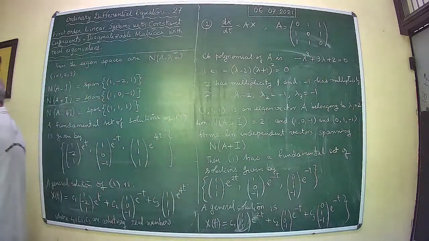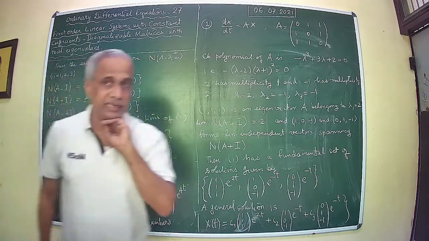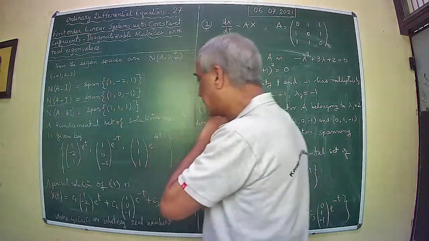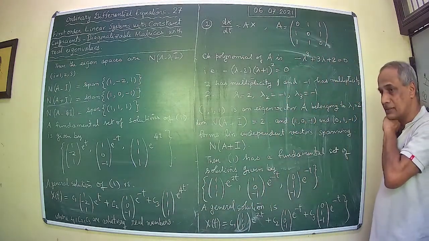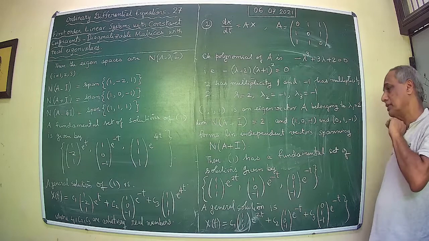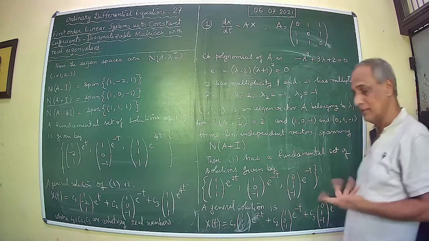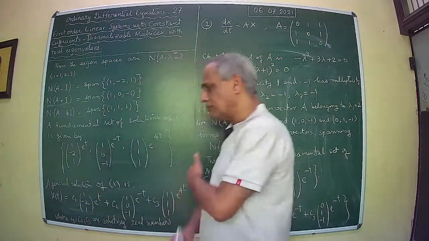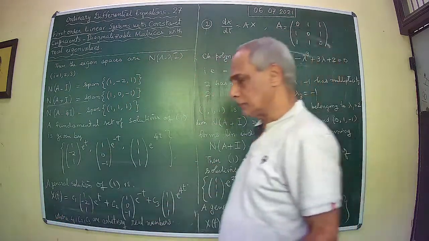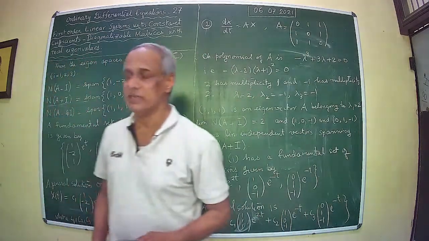Therefore, one can solve the corresponding equations for determining C1, C2, C3 uniquely. That means you have a particular solution satisfying the required condition. So this is the general solution. Once you get the general solution, from that you can always get the specific solution satisfying a given initial data.